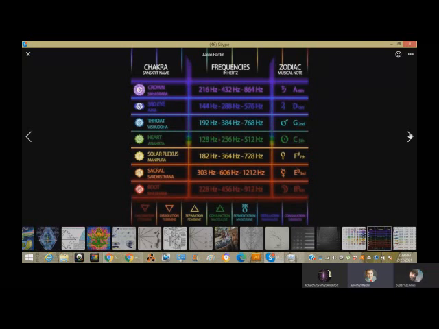Whereas 432, if you can be more in line with 432 tuning in your music, then it's kind of like the love harmony and everything. And there's a lot of interesting geometries around those conversations, but I wasn't able to find the image I was looking for.